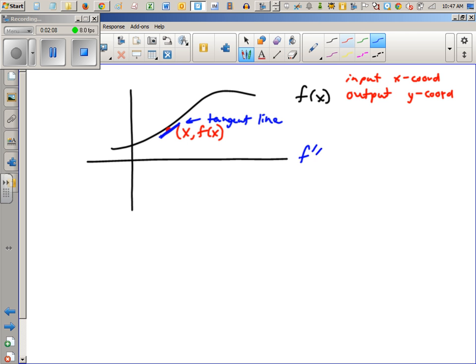And f prime of x has many names, but the input here is still the same x coordinate. And the output is now the slope. The slope of the tangent line.